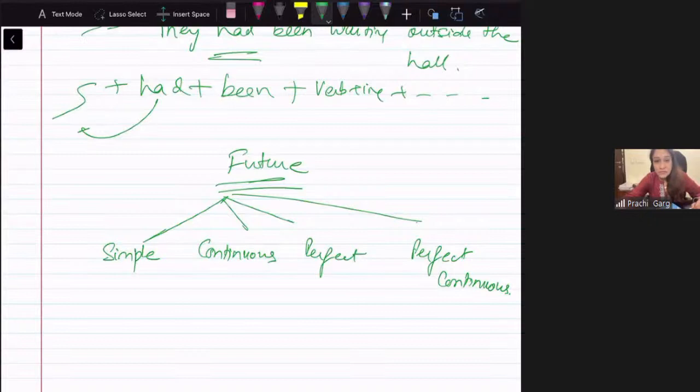Mukta, I think I missed your question. Can you please send it again to me? Mukta, you cannot ask me questions after the class. You can just ask me here only. Very good question. Somebody has asked me what is the difference between simple past and present perfect.